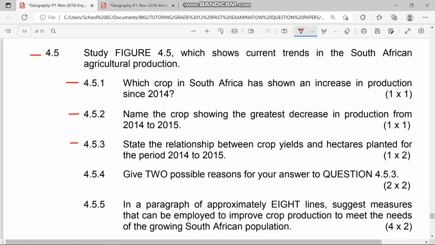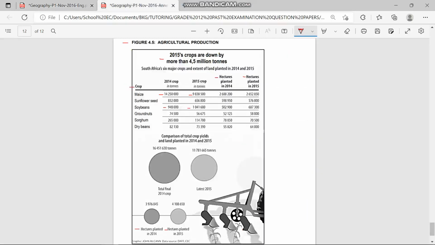Looking at the hectares, in 2014 there were 3,976,845 hectares planted.